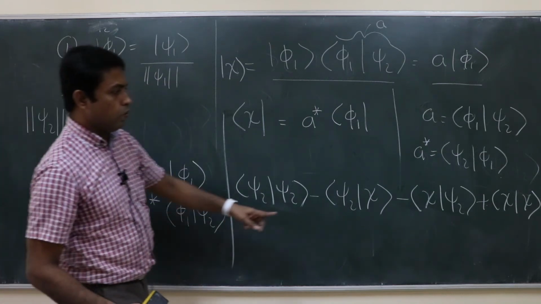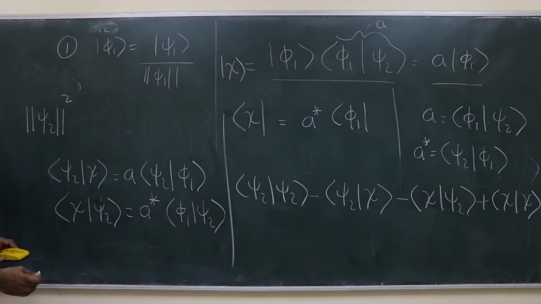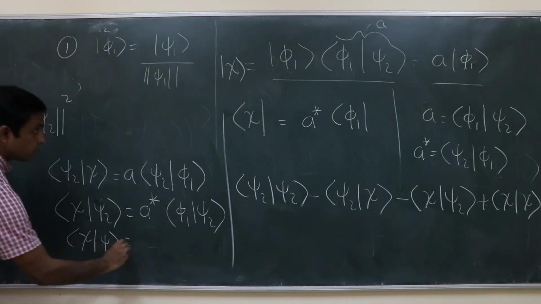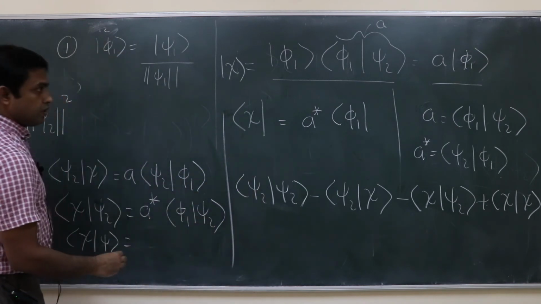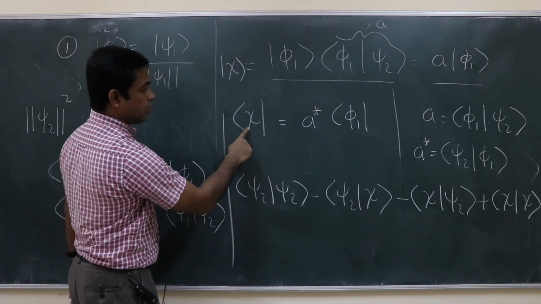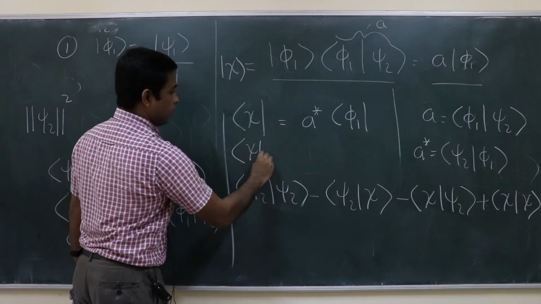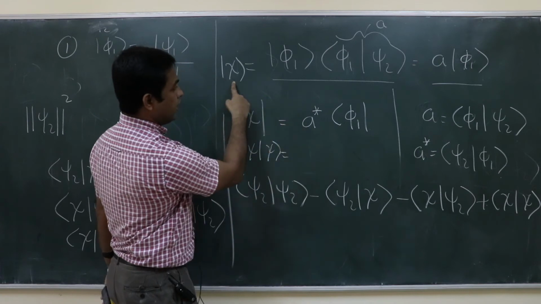So there is now one more term here, bra chi ket chi. So what is bra chi ket chi? This is basically the inner product, so from here itself I can find out bra chi ket chi. You have to take this one and this one.